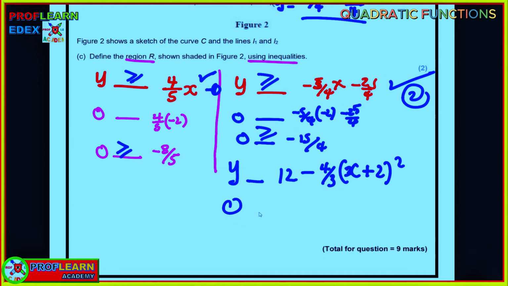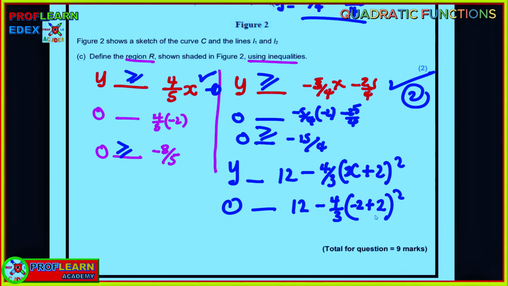So when y is 0 dash, it will be 12 minus 4 over 3 into -2 plus 0 squared. All of this, plus 2 squared, is going to run to 0, of course.